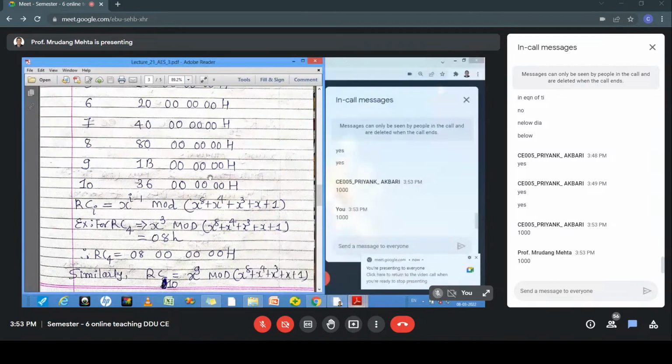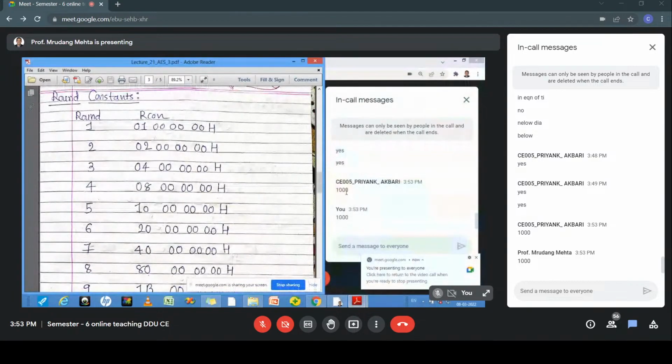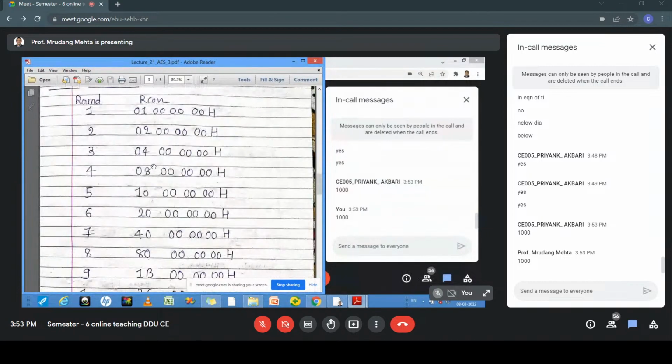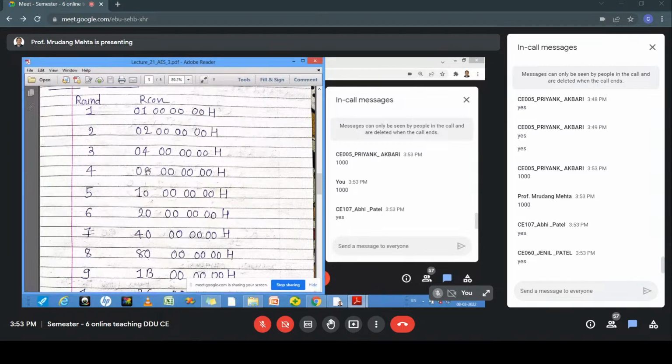So our RC4 is 8. See this 8, can you see this? Except Priyank, has anybody else understood this? Right, so up to this, it is straightforward.